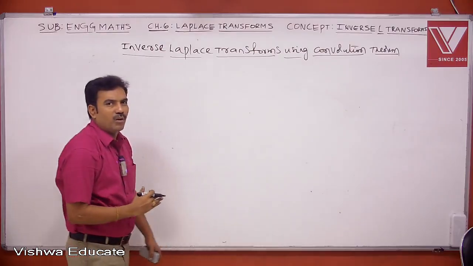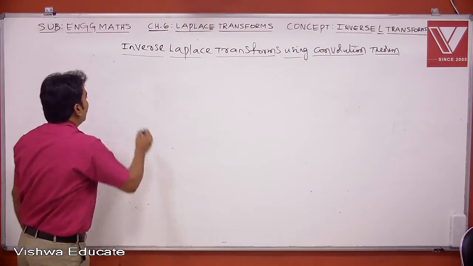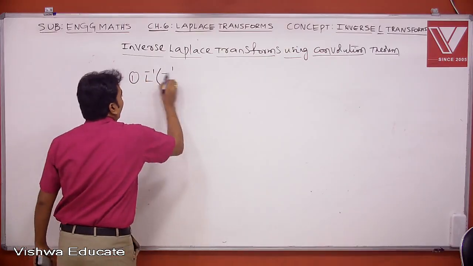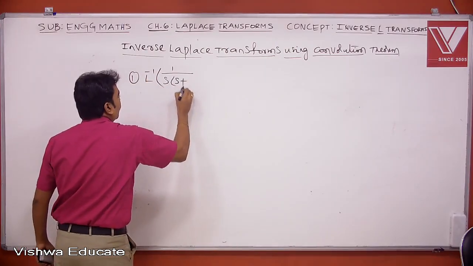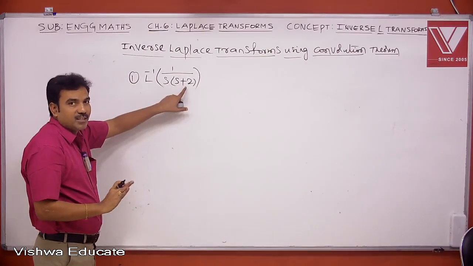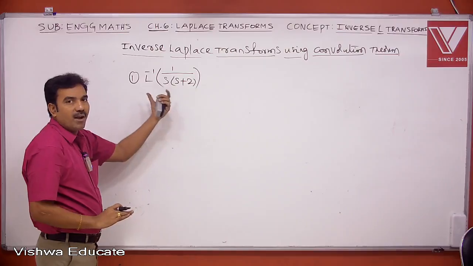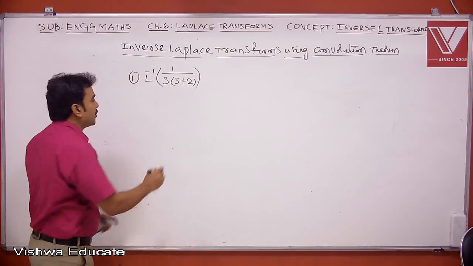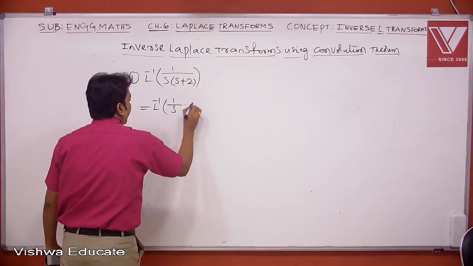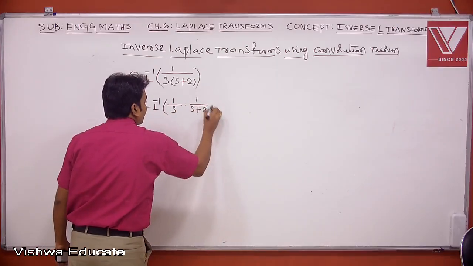Now we start with one or two basic examples. Suppose I want to find L inverse of 1 by s into s plus 2. We can manage this by using partial fractions very simply, but let us try to handle this by using the convolution theorem. So this can be written as L inverse of 1 by s into 1 by s plus 2.